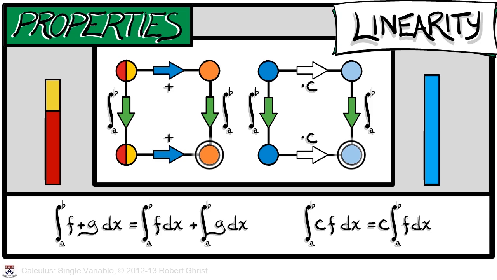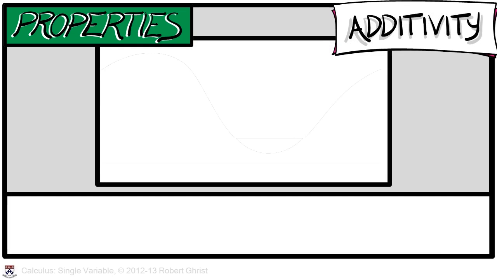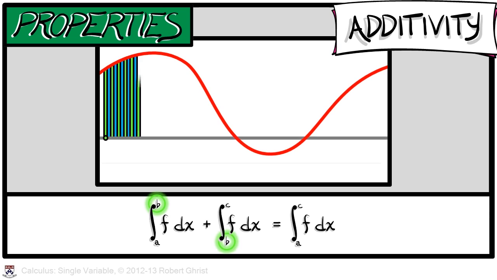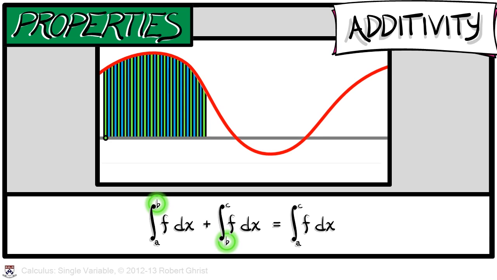Another important property is that of additivity, which states that if you take the integral of f from a to b and add to it the integral of f from b to c, because those limits match up, you get the integral of f from a to c. This certainly makes sense at the level of a Riemann sum.